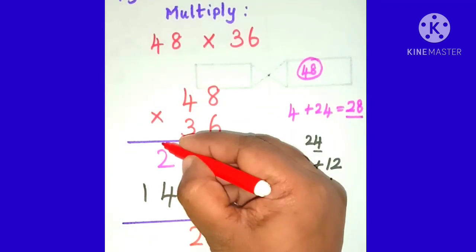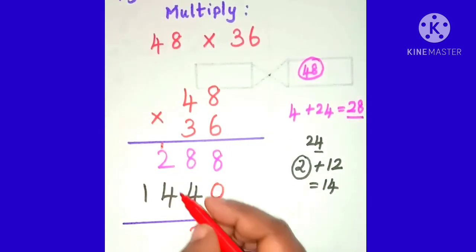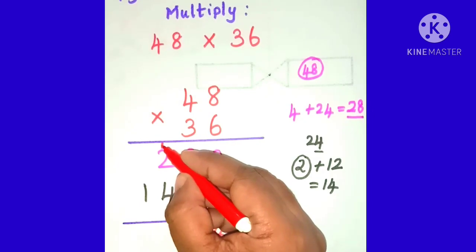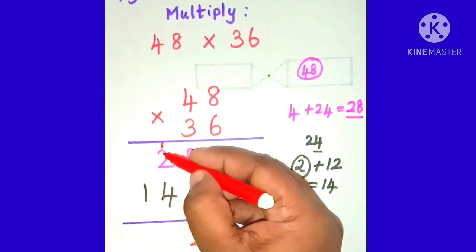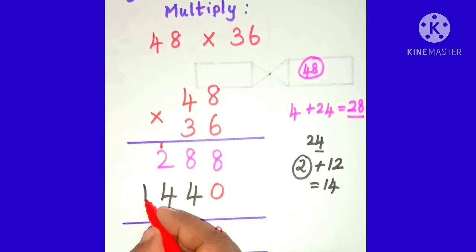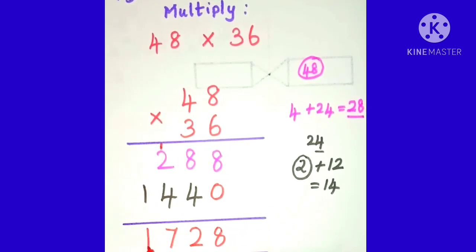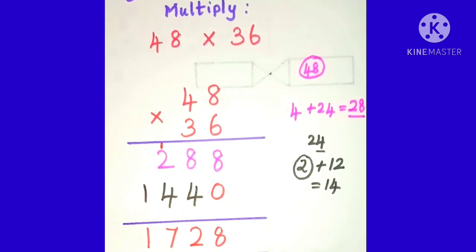So here the balance is 1. Put it above 2. And now add all these three values. 1 plus 2, 3. 3 plus 4 is 7. And here only 1 digit is there, so write the number 1 here. So the answer is 1728. So students, when we multiply 48 into 36, we get 1728.